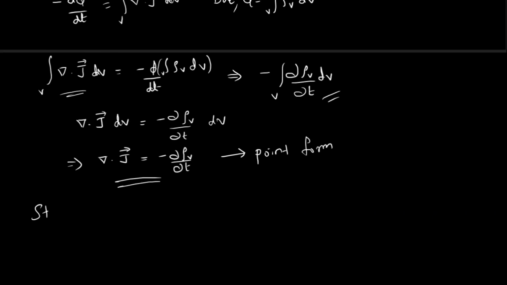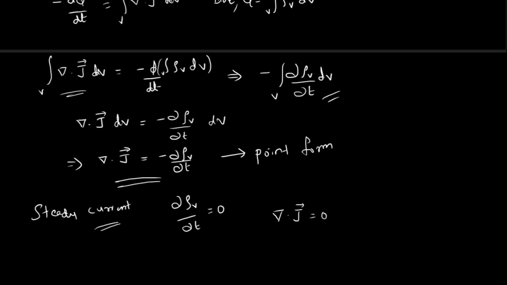So with the concept of steady current, ∂rho v by ∂t will be 0 because it is not varying with time. So I get del dot J as 0. That's it. This is the idea I get if I consider steady current: the rate of flow of charge remains constant with time.